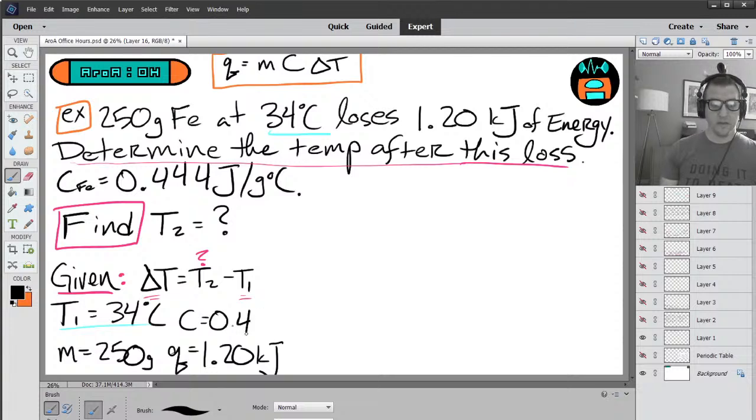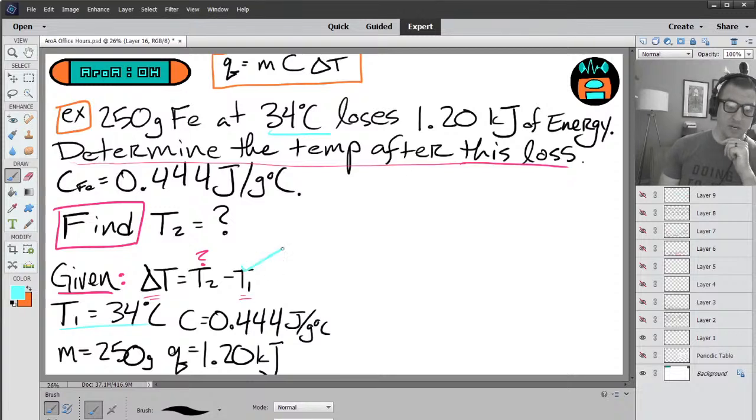It's 0.444 joules per gram degree Celsius. All right, now you'll notice we're given right out of the gate our initial temperature, but we do not know our change in temperature. What are we given? Instead of change in temperature, we're given C, we're given Q, we're given M.